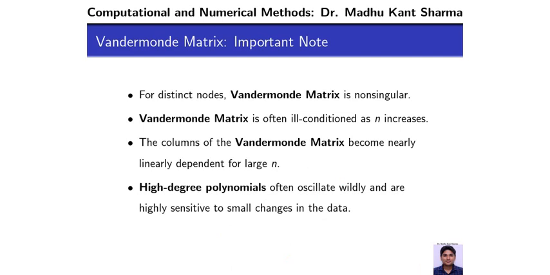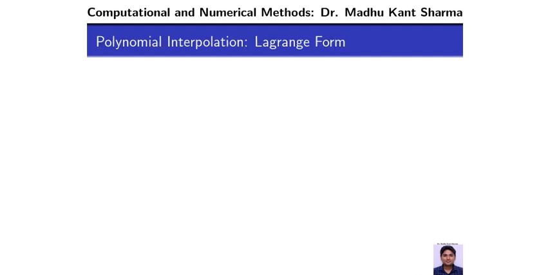If you wish to write this in compact form, that is the summation j equals 0 to n of yj Lj of x.